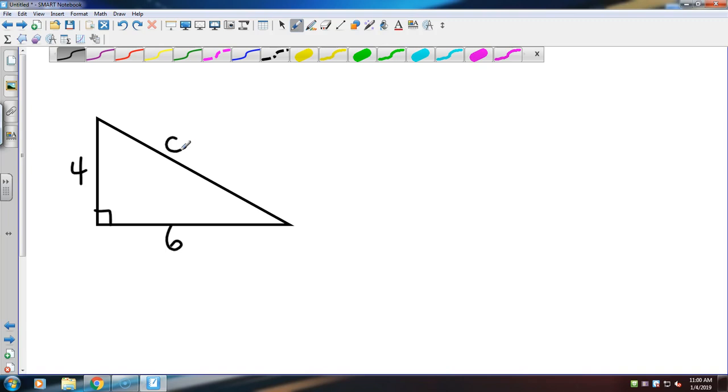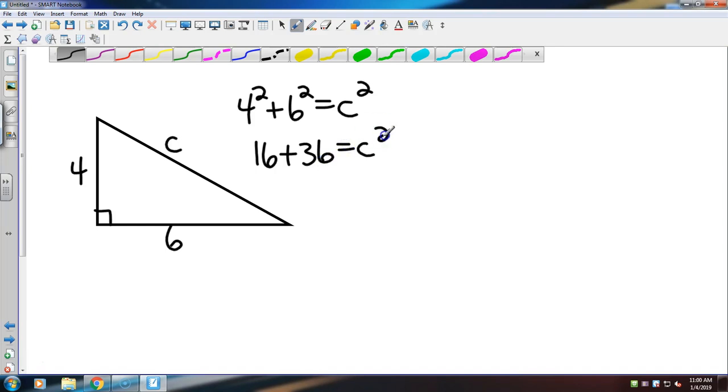So that's going to be 4 squared plus 6 squared equals c squared. That's going to be 16 plus 36, which gives us 52.